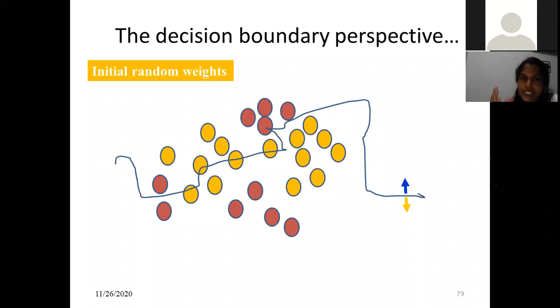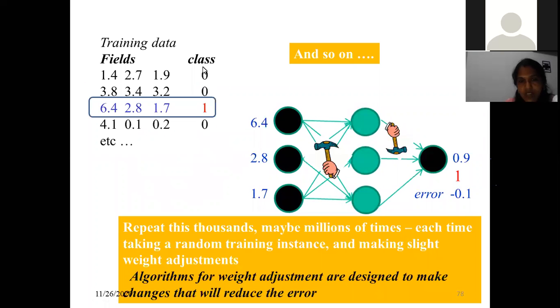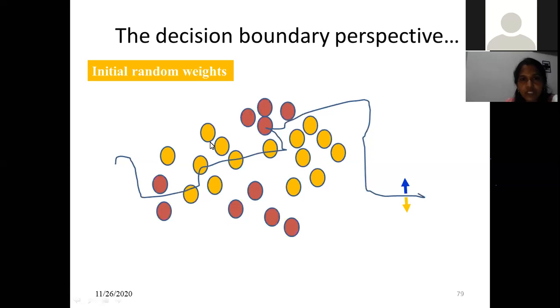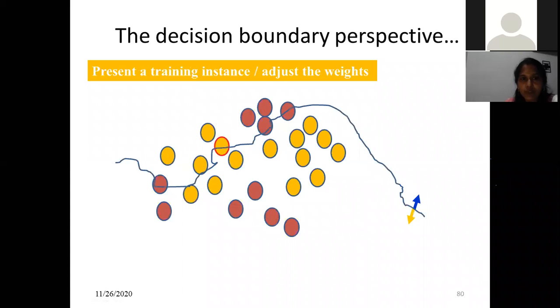So the decision boundary is actually a linear hyperplane which will divide the two classes, class 1 or class 2. Here from the previous example, we have two classes, class 1 and class 0.